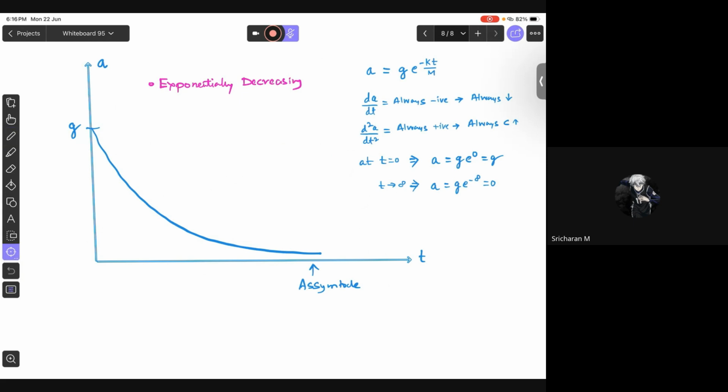It starts from g and then decreases, and after a long time becomes 0. We draw it showing that it is tending to touch the t-axis after a long time. Clear, no? Easy or difficult?